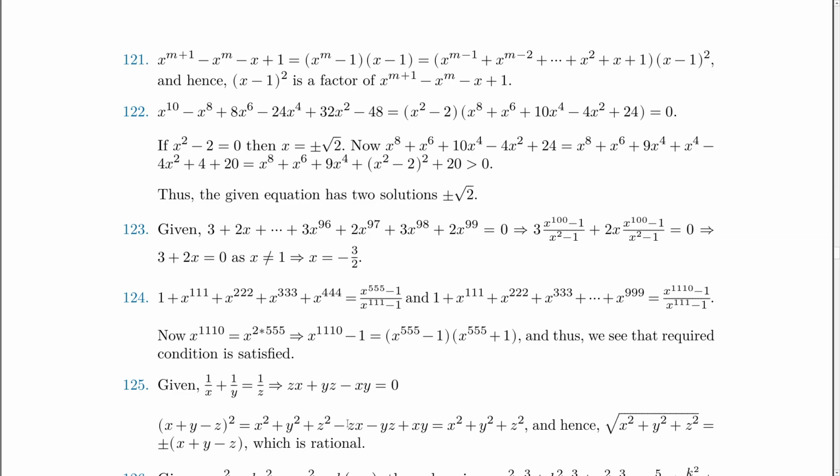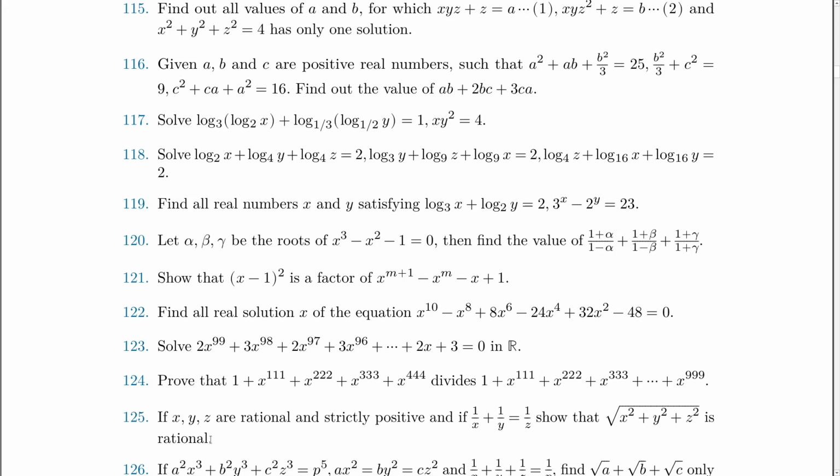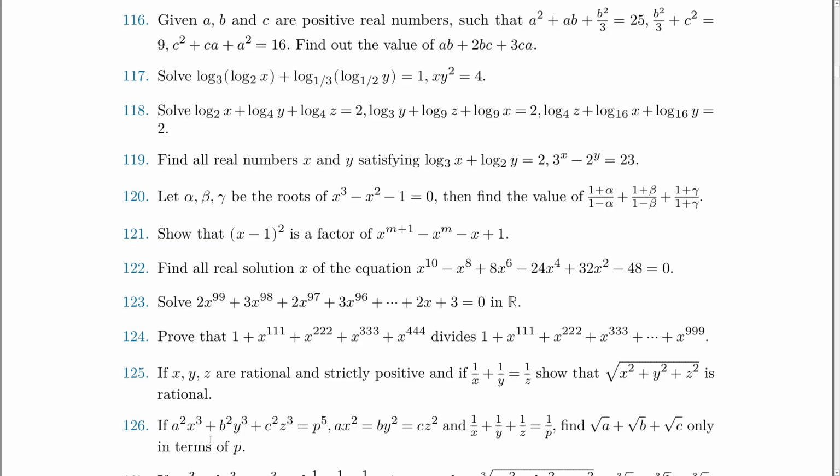Now this means that these terms, that is zx, yz and xy, will become 0. So (x plus y minus z) whole squared is equal to x squared plus y squared plus z squared, and therefore the square root of x squared plus y squared plus z squared is equal to plus or minus (x plus y minus z), which is rational because our given x, y, z are rational and strictly positive.